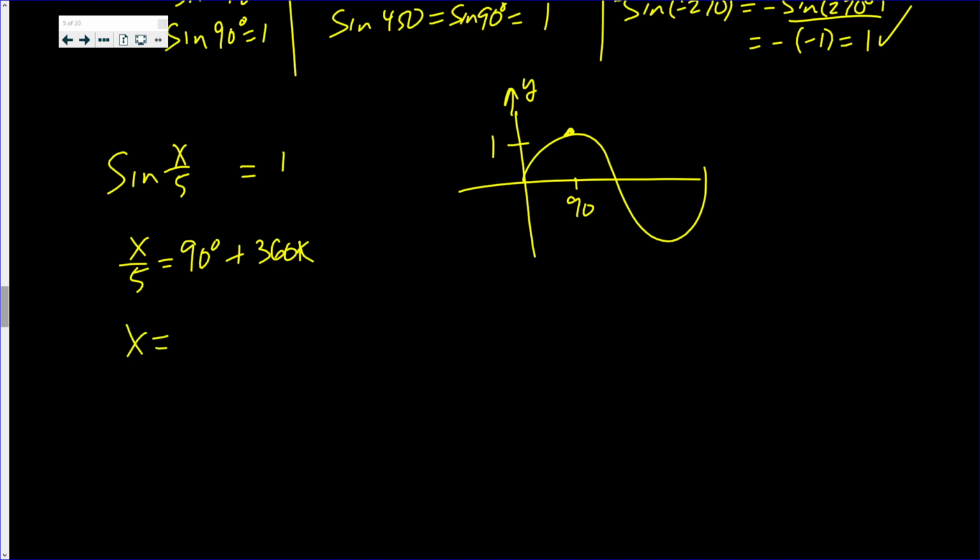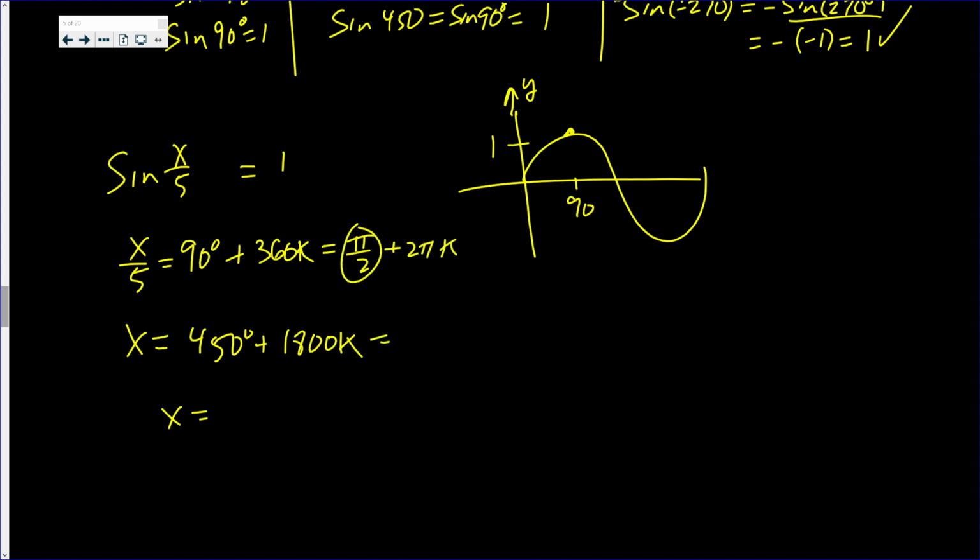Multiplying by 5, x is 450 plus 1800k. For the record, this is pi over 2 plus 2 pi k.